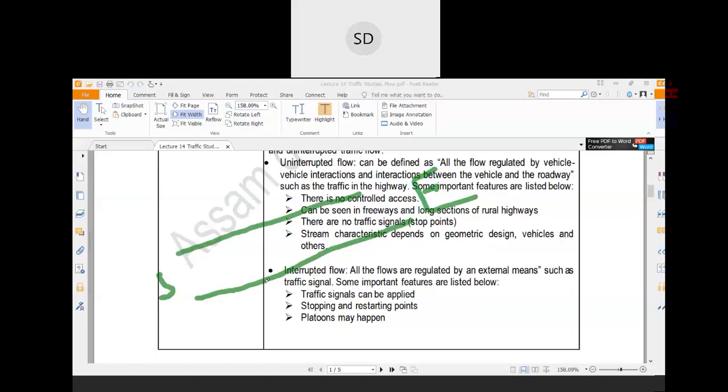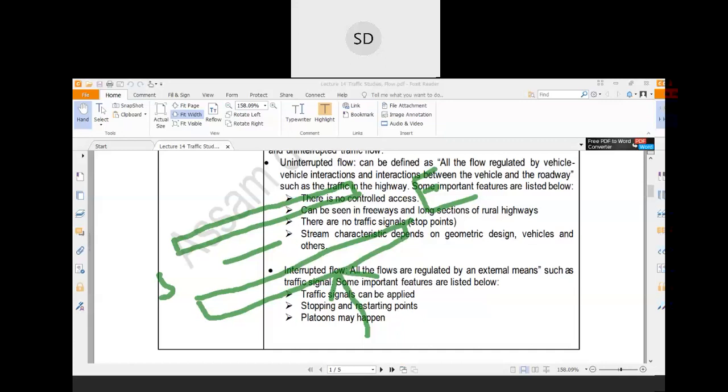Suppose fences are provided on both sides of the road. In that case you cannot access the road, and the flow pattern on the road would be uninterrupted.